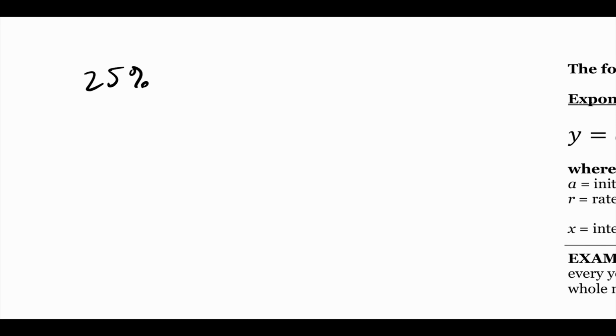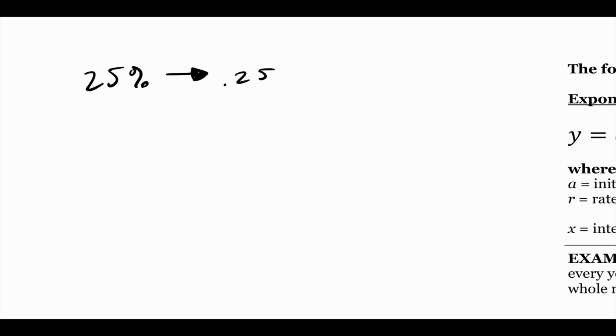That's what we see, right? But when they calculate how much it actually is, you're not using 25%, you're changing that to a decimal. So how do we write 25% as a decimal? 0.25, right?